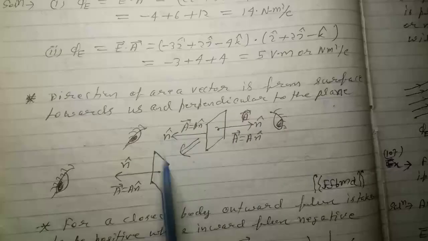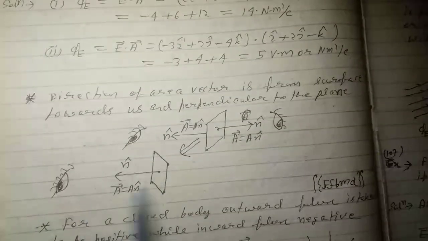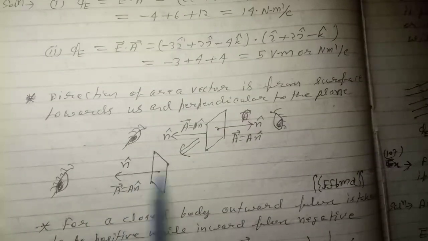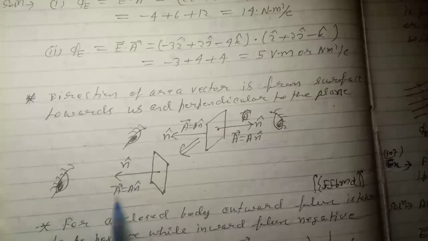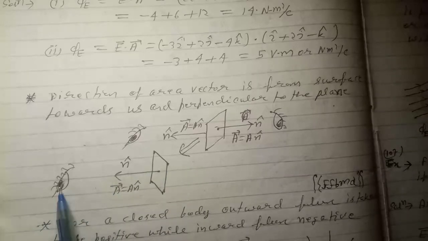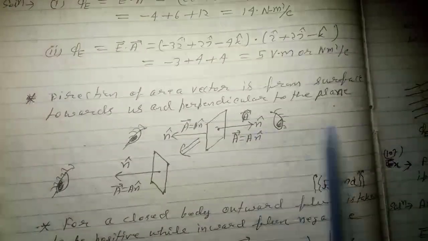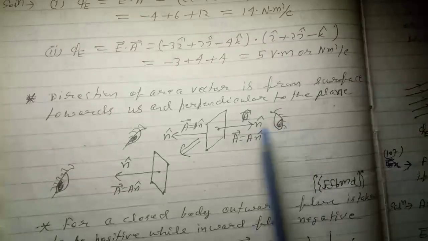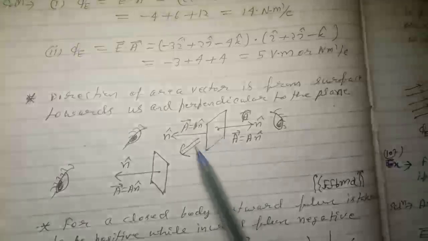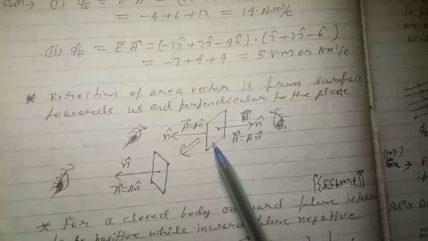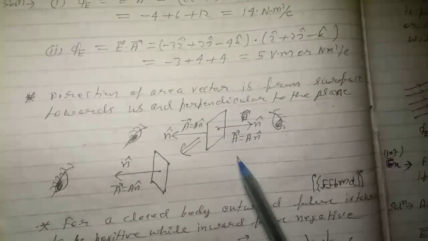Again, if we see from the left side, then the area vector will be towards our eyes or towards us. So A vector will be A into n cap, where n cap is in this direction for this case, and n cap is in the other direction for that case. So the direction depends on how we look at the area.